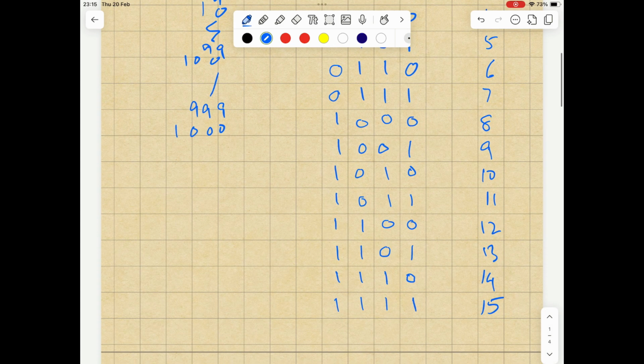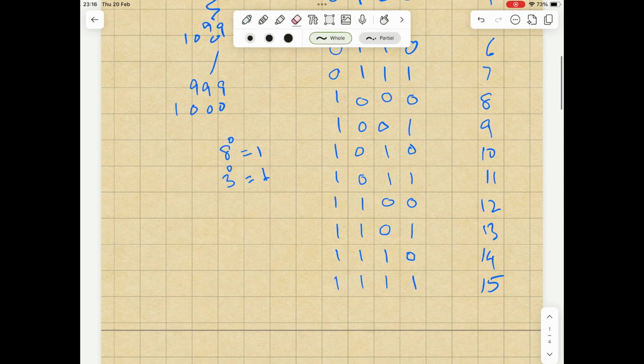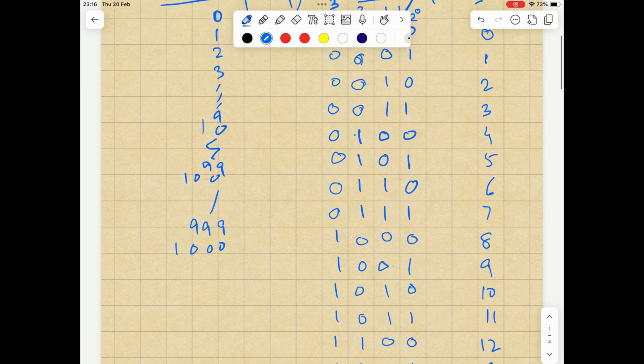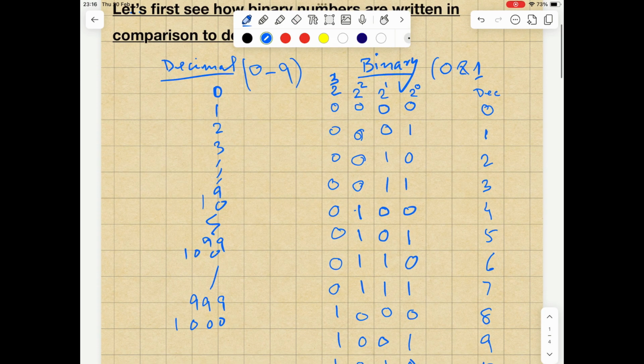Now, any number to the power 0 is always 1. If I say 8 to the power 0, it is 1. 3 to the power 0, it is 1. Any number to the power 0 is always 1. Right, now let's work out the numbers, how they work.